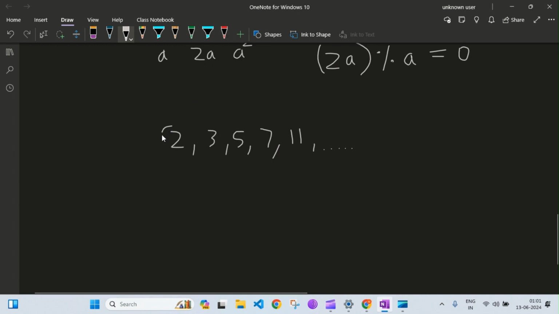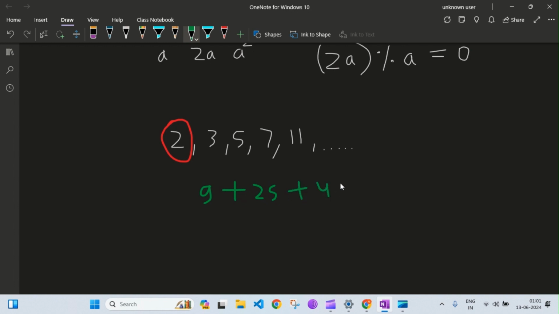For now, just forget this 2, and let's try to pick three among the rest. So let's try to pick up 3, 5, and 7. So what will be 3 square? It is 9. That is an odd integer. What is 5 square? 5 square is 25, and similarly 7 square is 49. That will be three different odd integers, right?